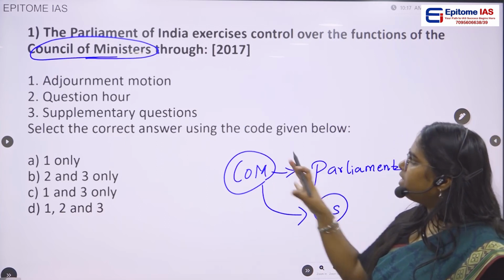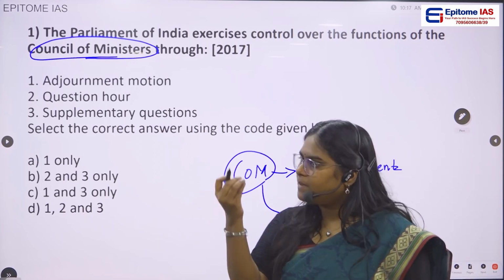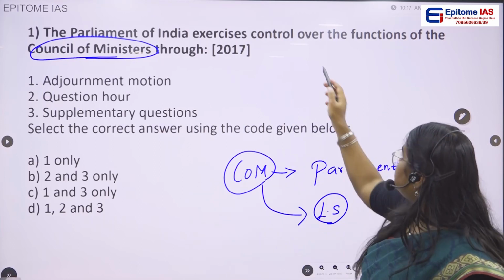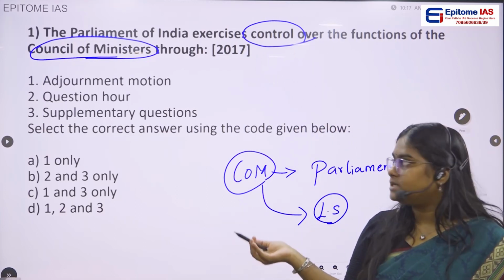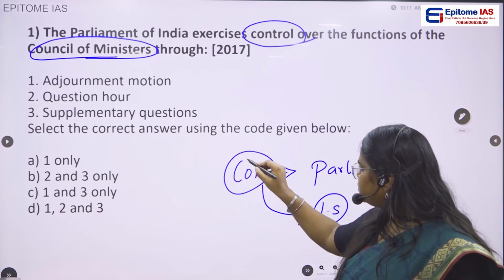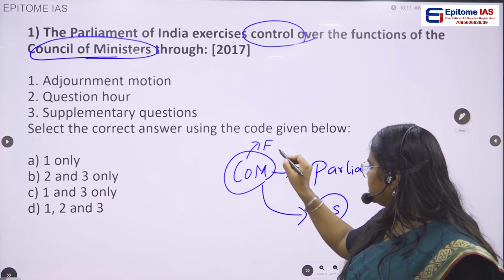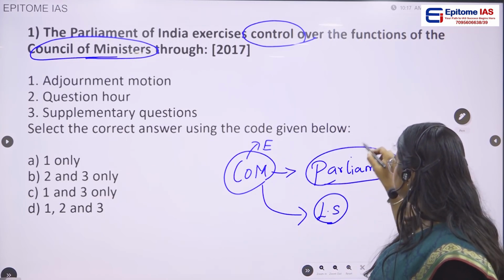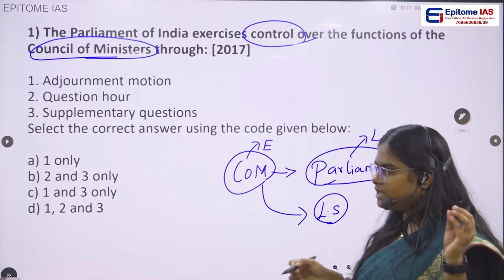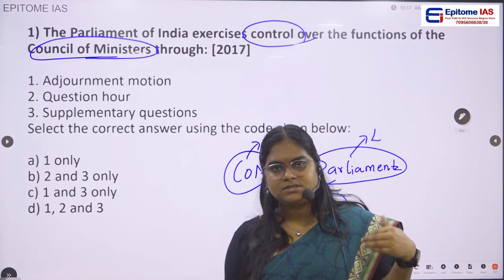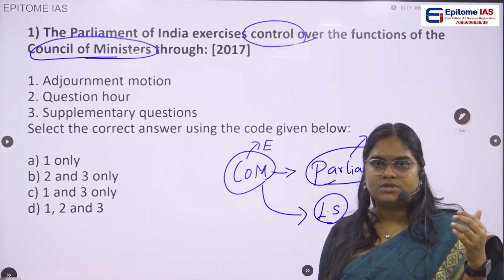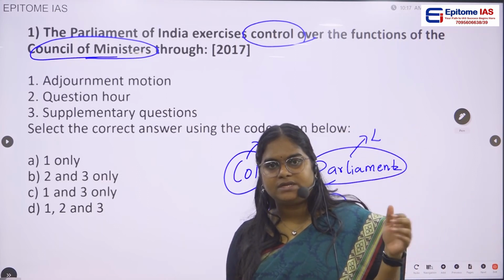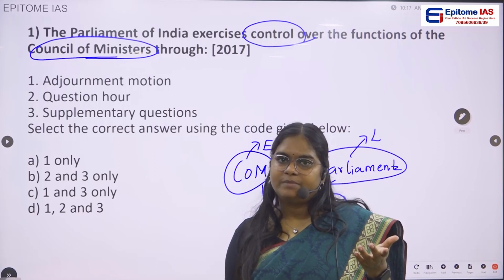What they are asking is how the Parliament exercises control over the Council of Ministers, that is the executive. The Council of Ministers are the executives, and we know the Parliament is the legislature. So they are technically asking how the legislature is exercising its control over the executives, so that the executives, that is the government, are not acting arbitrarily.